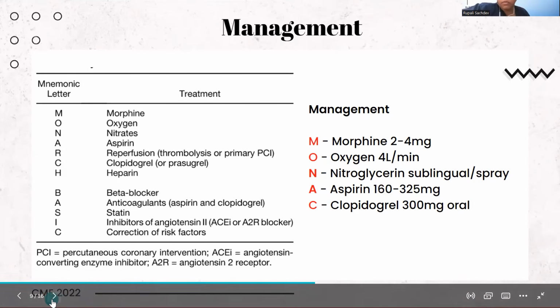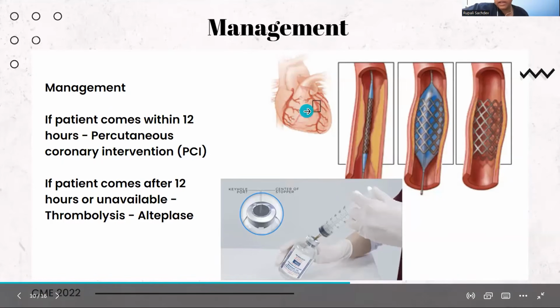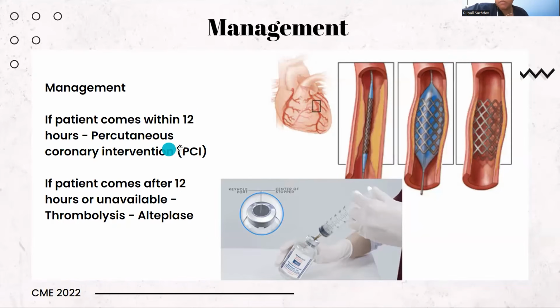And that same logic, now you've given an antiplatelet drug, you've given the statins and everything. Next thing you do is you have to break the clot. Now the clot has formed. If the patient has come within 12 hours since the symptoms started, you can do something called a PCI, percutaneous coronary intervention, which is the gold standard treatment. This is the best possible treatment for the patient.